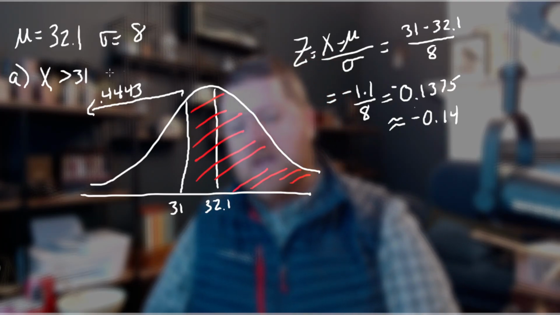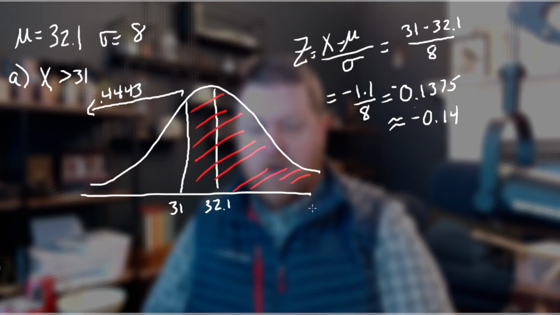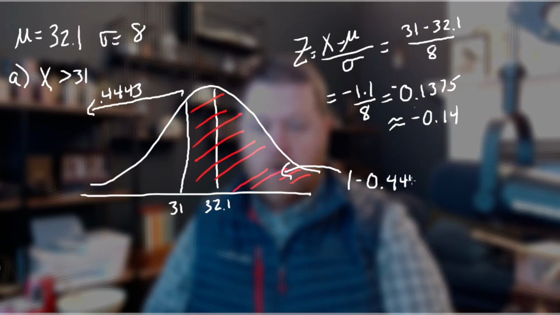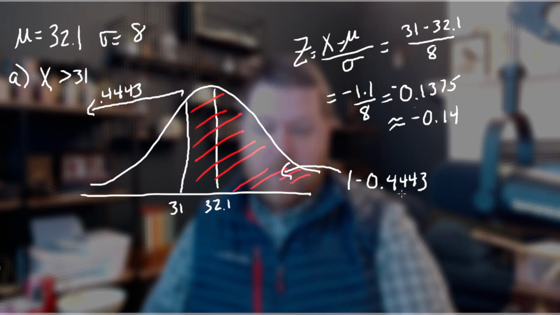Step number 4. We want to use that area to find the area that we care about. Well, we know that the red area over here, and I'll just draw kind of an arrow to it, we know that red area is 1 minus 0.4443. Because the total is 1, we take out the area we don't care about, and that leaves us the area that we do care about.